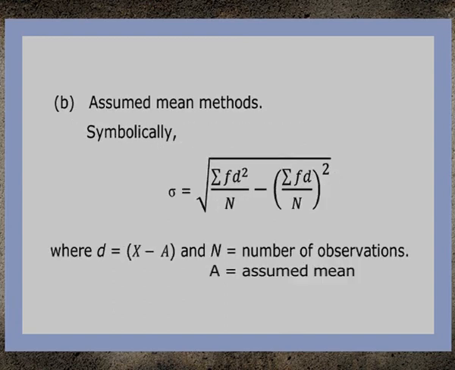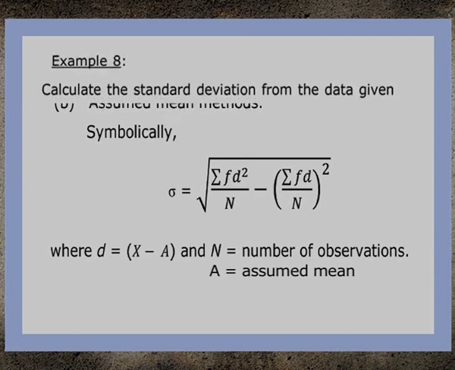In the case of assumed mean method, that is the other method, the formula can be symbolically represented as sigma equals under root of sigma fd square divided by capital N minus sigma fd divided by N whole square, where again small d is equal to capital X minus a, where a is the assumed mean and N is the number of observations.